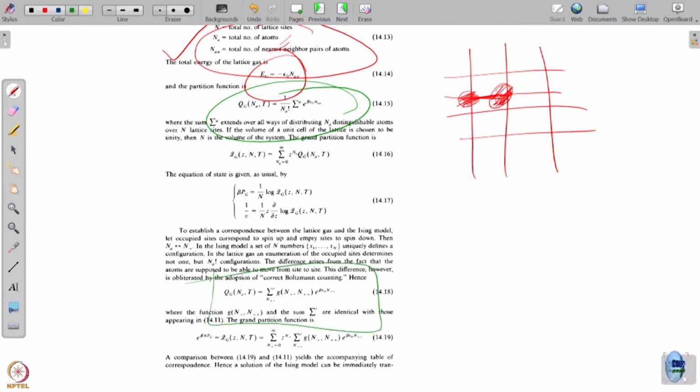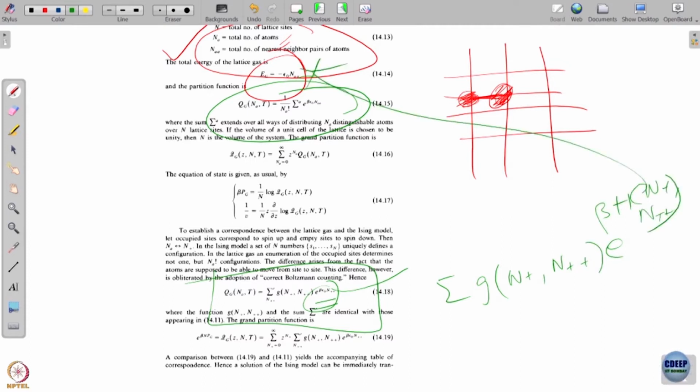The only difference is that the beta h term here is given by this term. But again I have to evaluate the same thing: g of n plus, n plus plus and e to the power beta h n plus n plus plus, that is this thing. So, I am done.